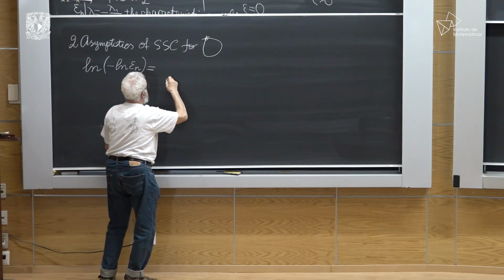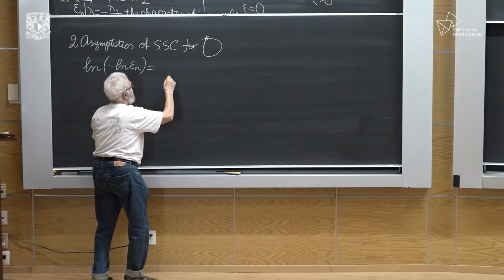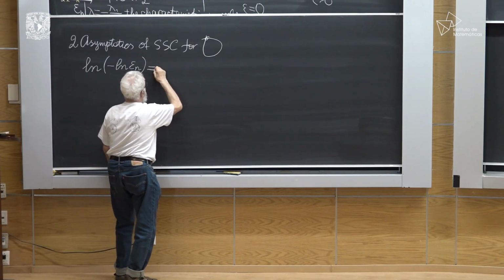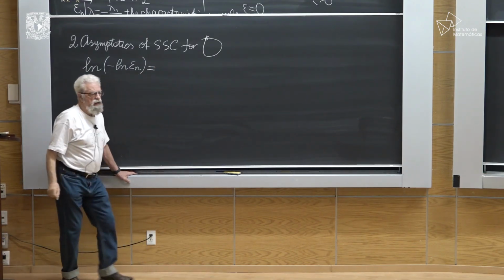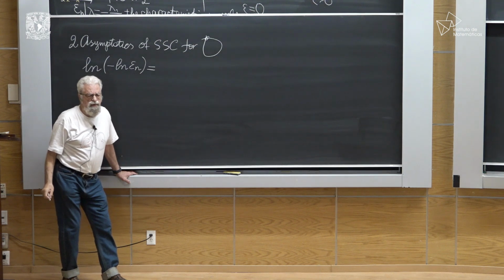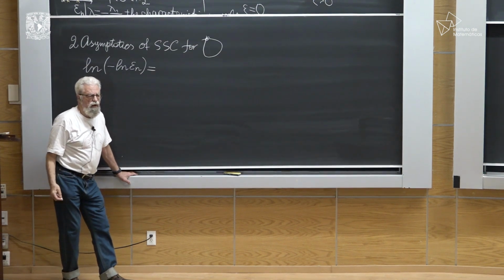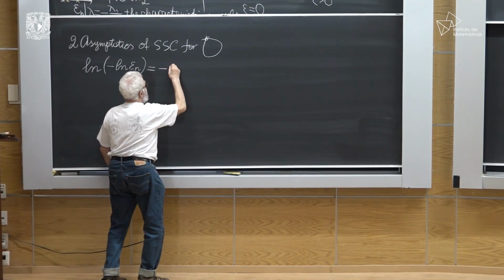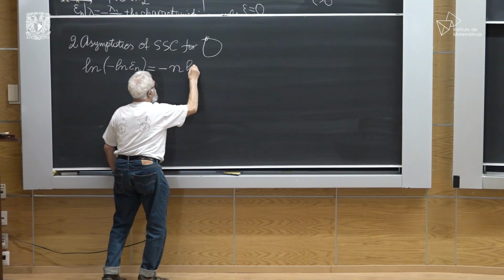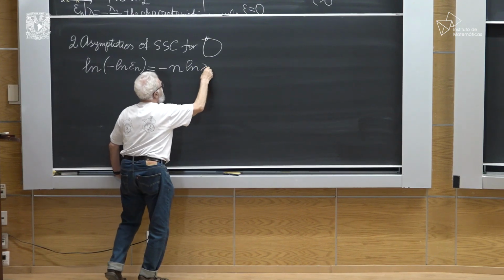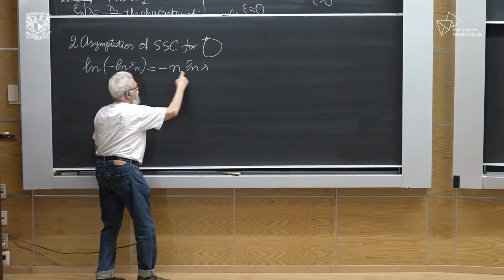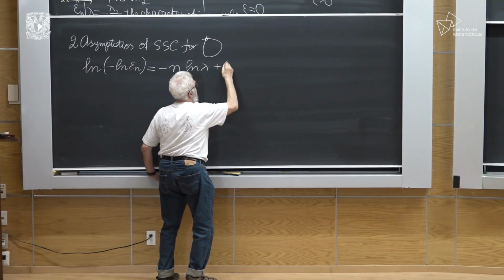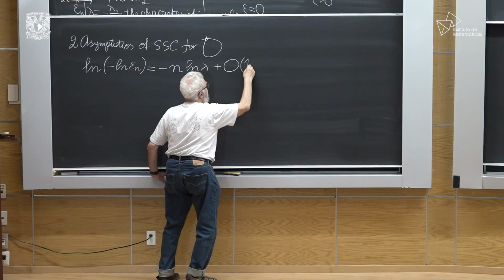I recall to you that lambda, the characteristic number, is smaller than 1, and the knowledge of this lambda only allows you to write the following formula. Log lambda, as it is smaller than 1, is negative. This value is positive. And this is O large of 1.